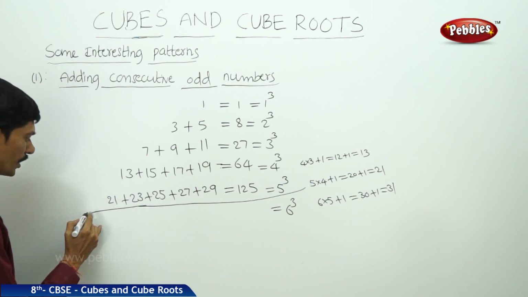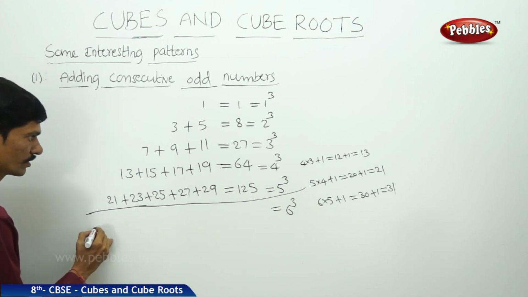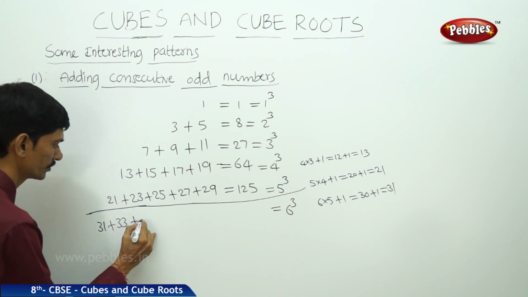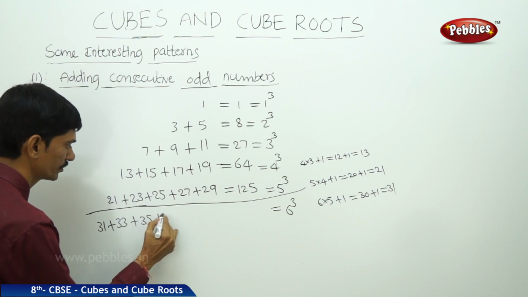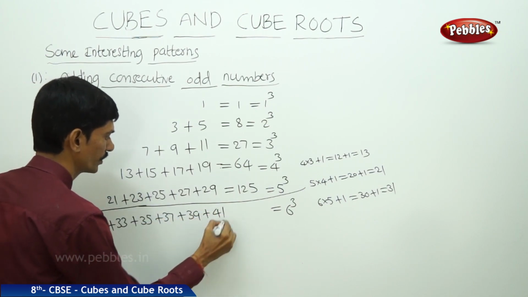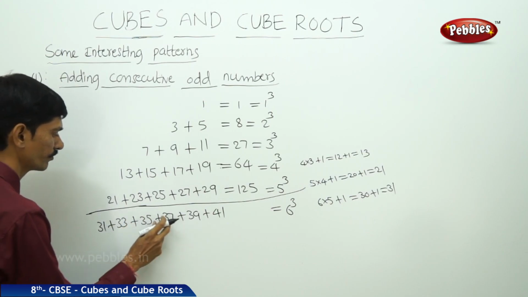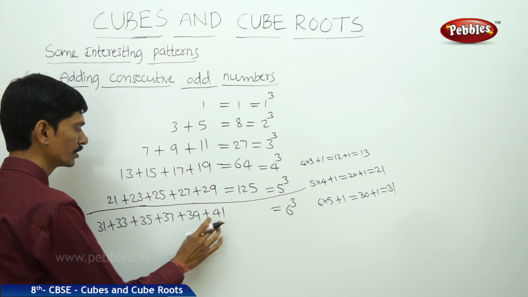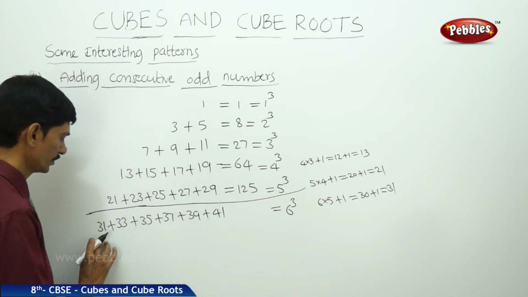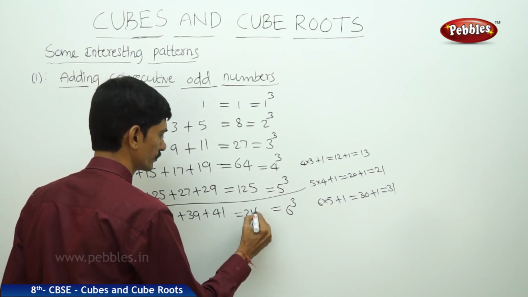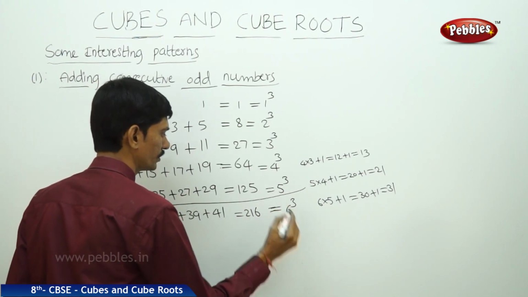This can be written as 31 plus 33 plus 35 plus 37 plus 39 plus 41. 1, 2, 3, 4, 5, 6. So there are 6 consecutive odd numbers starting from 31. So 6 cube is 216. So this can be the 6 cube.